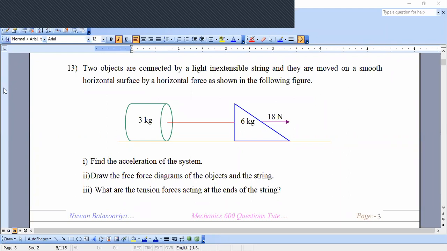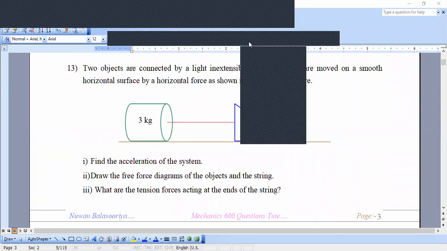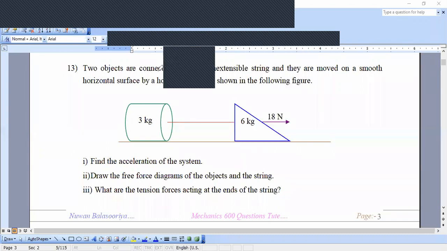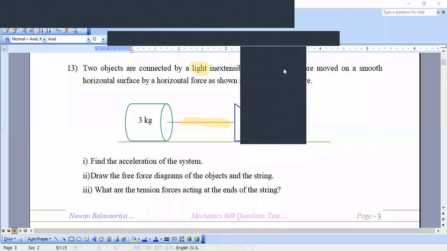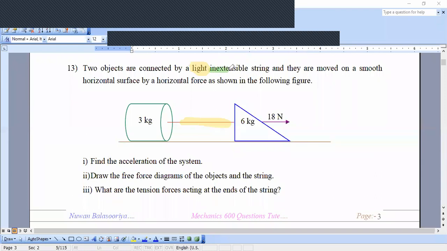Okay, very good. Thank you. What is the meaning of this term, light? It does not have a mass. The string does not have a mass. That's the meaning. Light string means massless string. Then you have another term, inextensible.